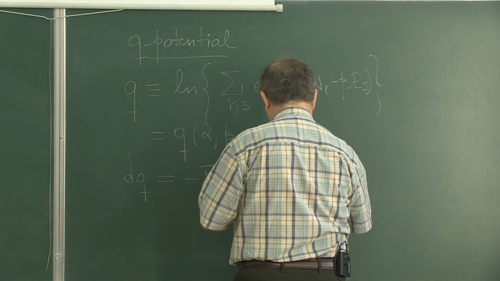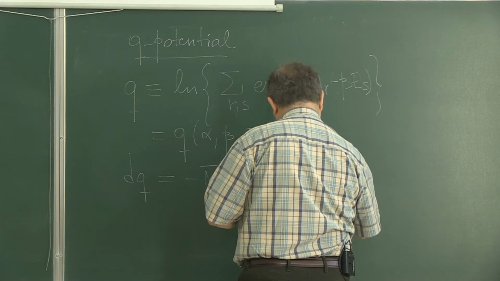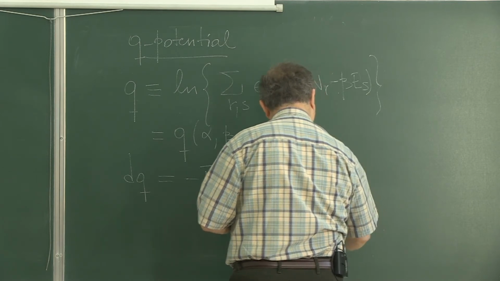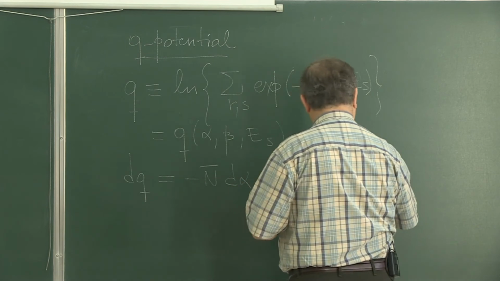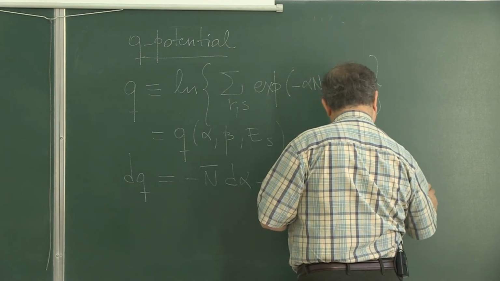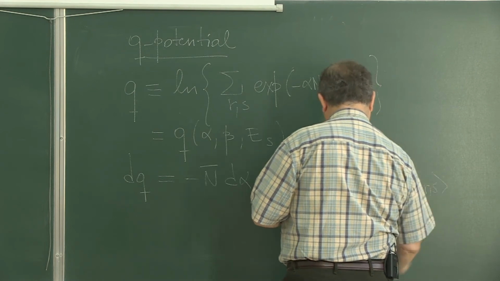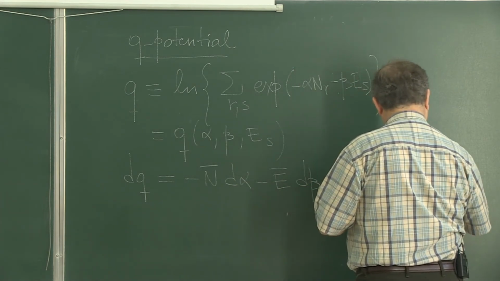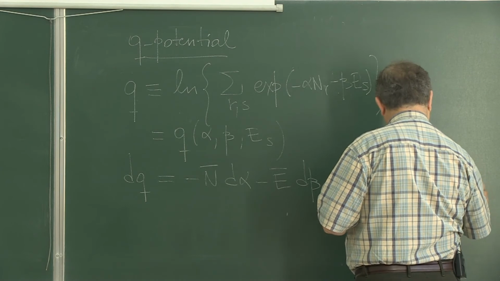And one more term, beta times the sum over R and S of the average of N, d E_S.